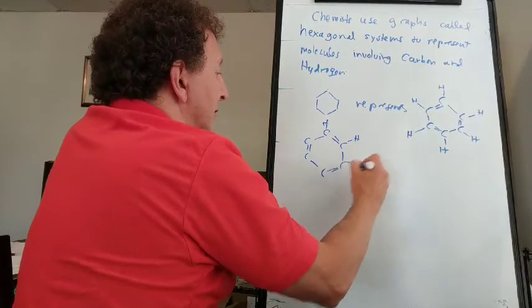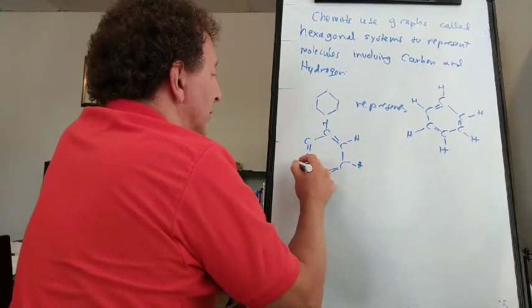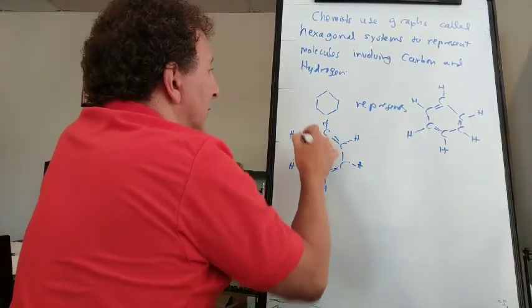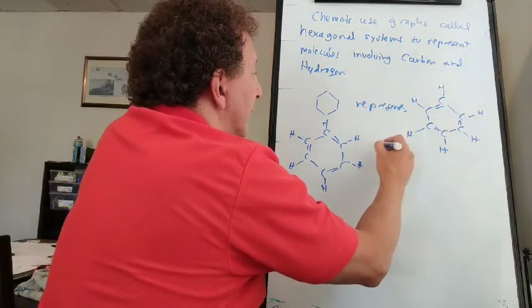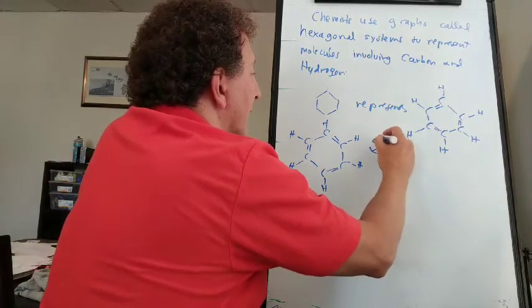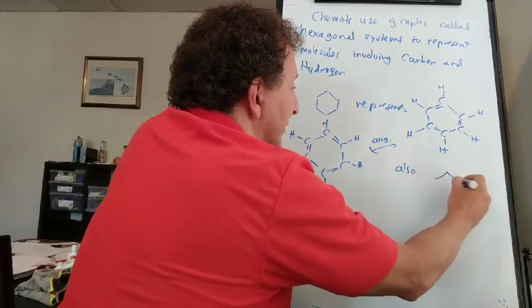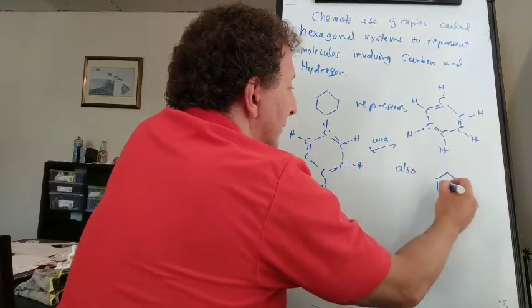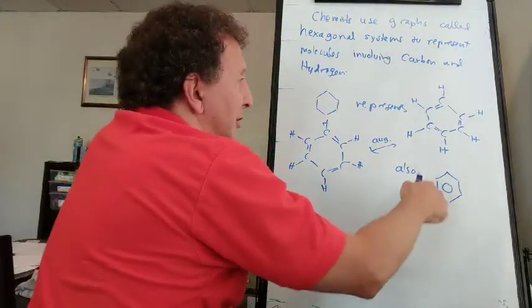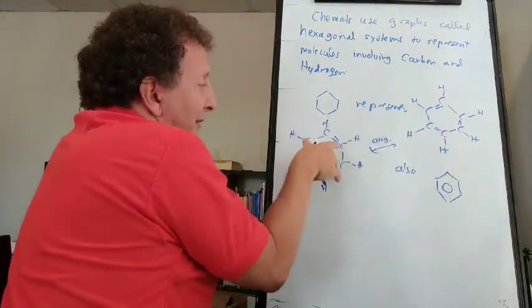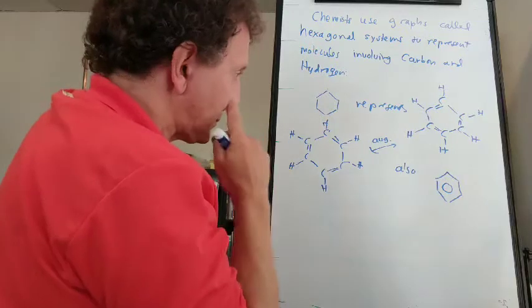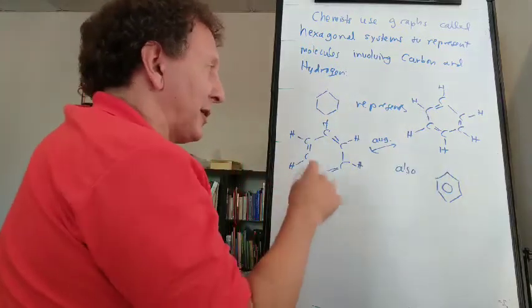So this hexagon really represents the average of these two. This is also written as a circle in there to mean that the double bonds don't really happen in these places or in those places. The electrons are somehow distributed around.